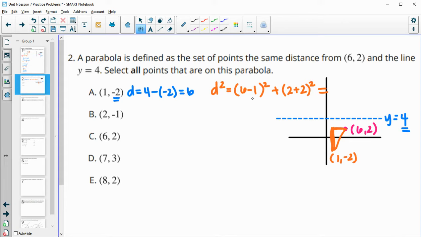So 6 minus 1 is 5, so we have 5 squared. 2 plus 2 is 4 squared. So this is 25 plus 16. So our d squared in this case is equal to 41.